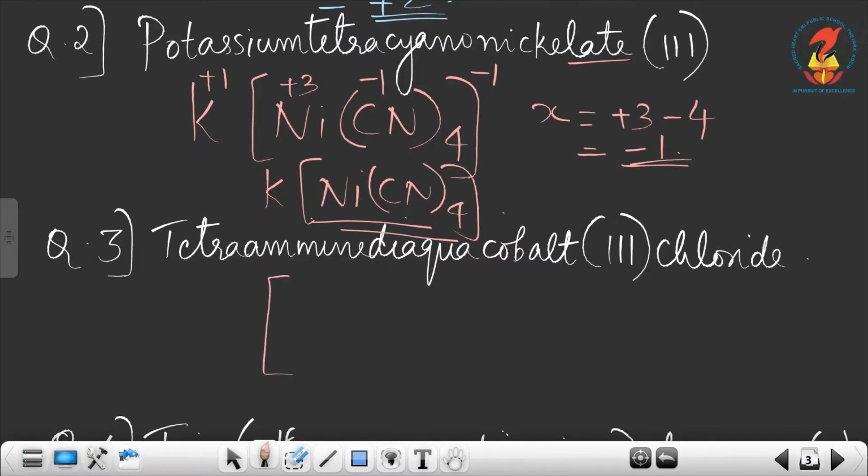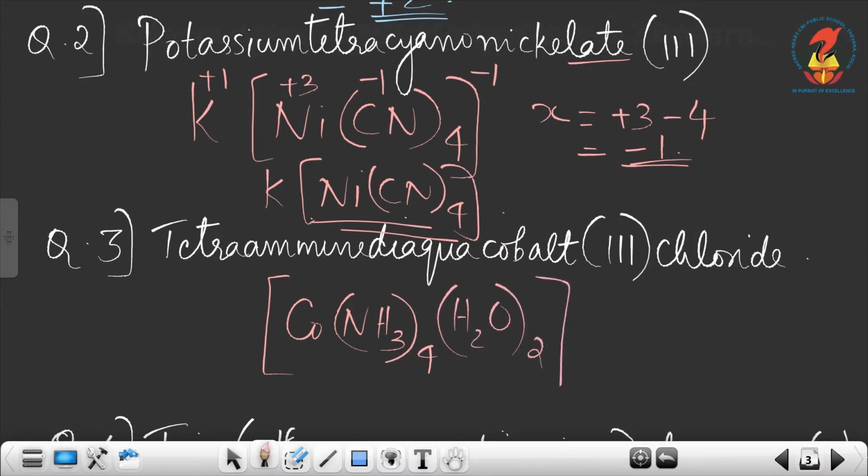Let's write the coordination sphere, coordination entity, cobalt Co. Tetraamine diaqua means tetraamine NH3 4 times, diaqua H2O twice. Now no more ligand, so I can close the square bracket, chloride Cl.